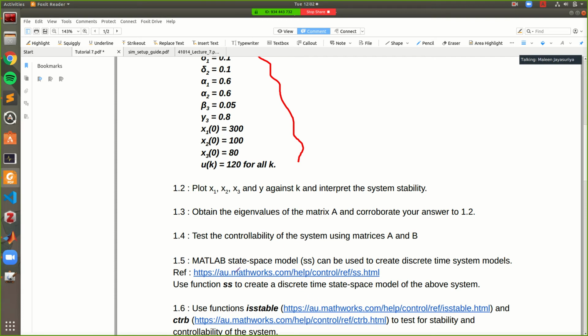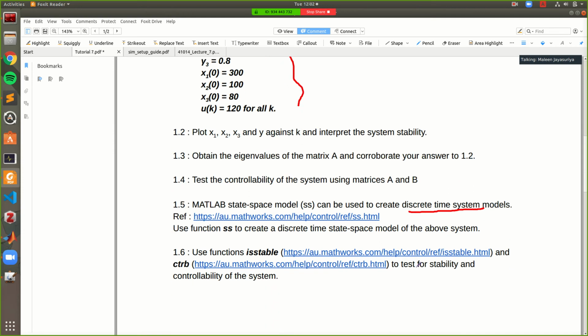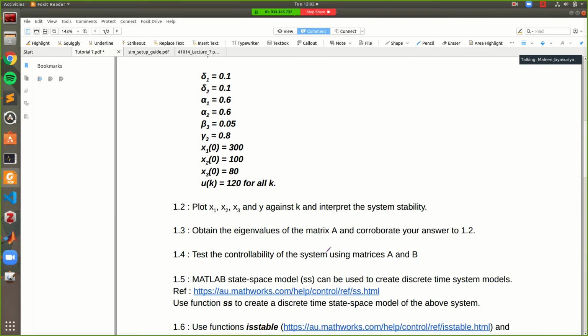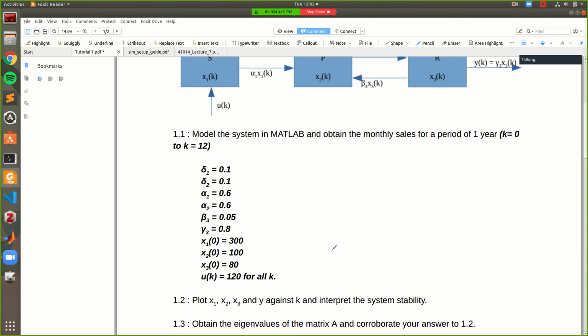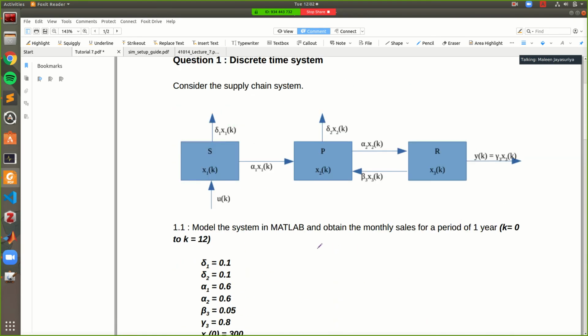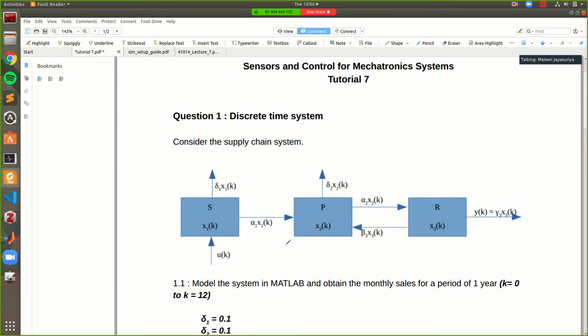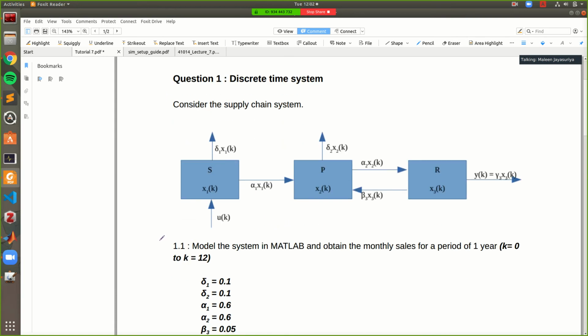You can use the same state space function that we used in the previous class to define a discrete time system in MATLAB. So there's nothing essentially new here compared to last week, other than this being a discrete time system, right? So I'll give you guys like 10 minutes to try this question, and then we'll discuss it and look at the answer.